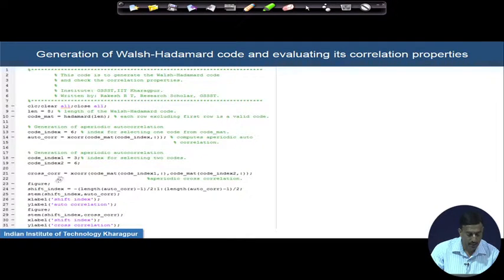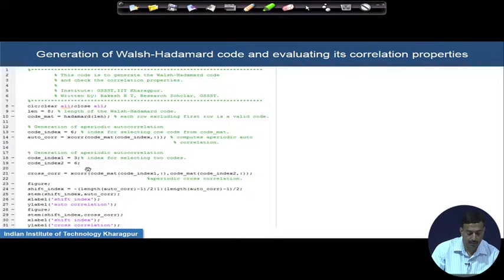We need to plot the values of this autocorrelation and cross correlation. Therefore we need to assign an index, a time index basically, or a shift index to be more specific in this case. We do that by generating an x-axis index from the length of autocorrelation, which will give you the overall length of this correlation.